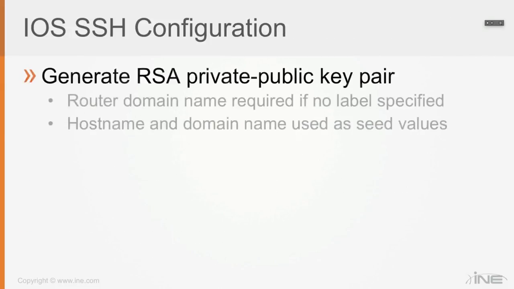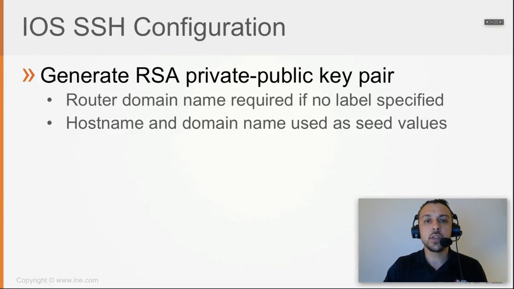So configuration-wise, we first have to generate that RSA private-public key pair. It's generally known that in order to generate an RSA private-public key pair, the router domain name is required, which is not technically correct. First of all, it depends on the IOS code to begin with.